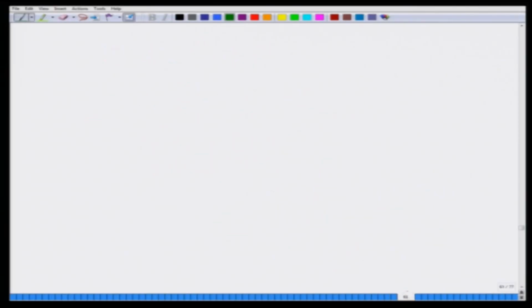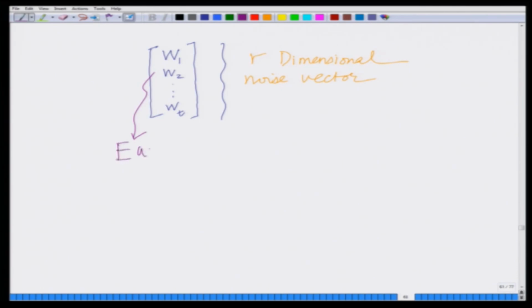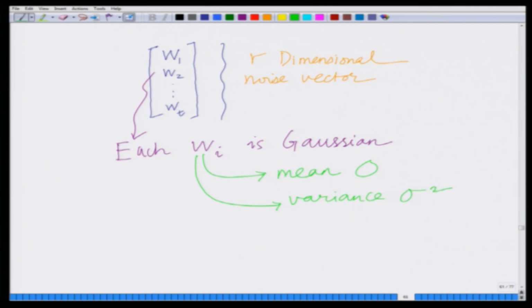Now, a little bit about the noise vector, because we have not said anything about the noise. If I look at the noise vector w, this is my R dimensional noise vector, where each wi is Gaussian with mean 0 and variance sigma square.